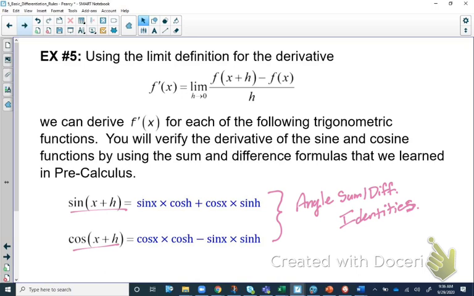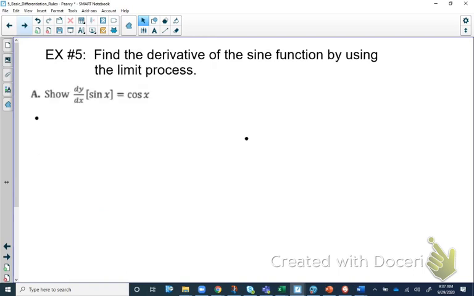And for cosine, the angle sum identity will give us cosine of the first angle times cosine of the second angle minus sine of the first angle times sine of the second angle. And we're going to use that with our limit definition here to show what the derivatives are actually going to be. So you don't just have to take my word for it, so to speak.